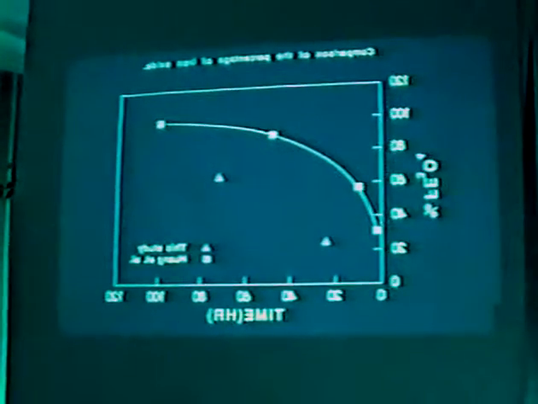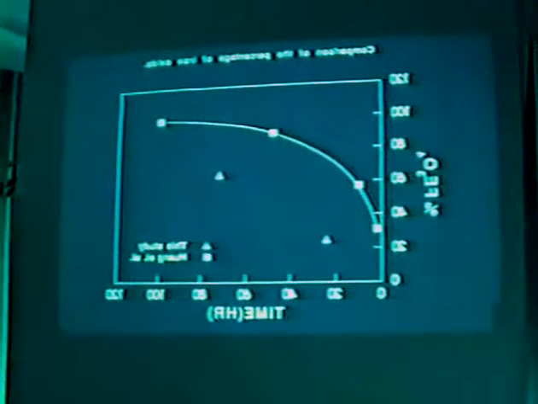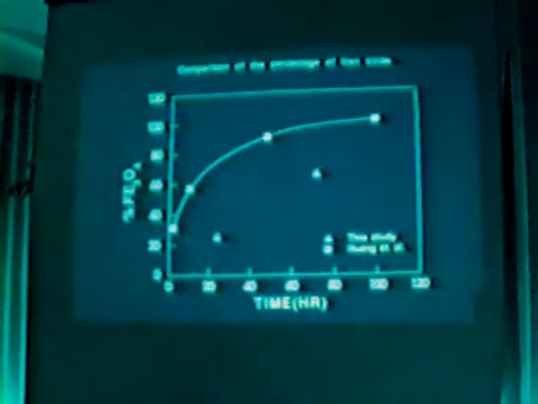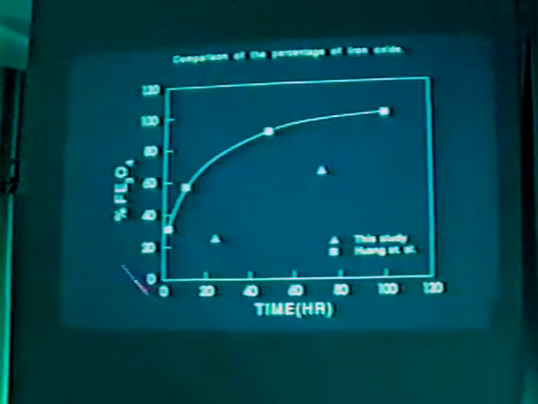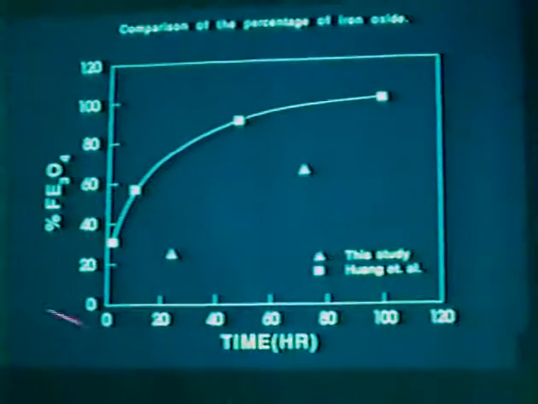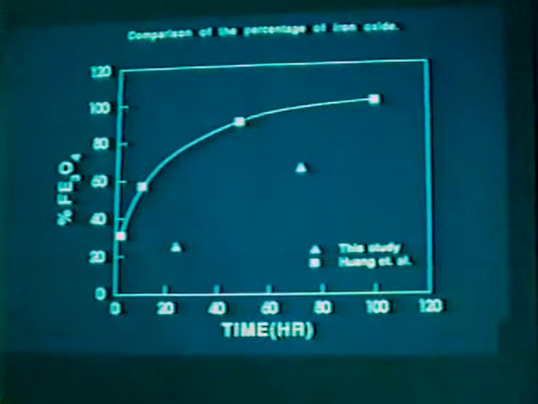So if we calculate this percentage of Fe3O4 and plot the percentage Fe3O4 that is formed in the catalyst with reaction time or synthesis time, our study showed that it goes from about 20% Fe3O4 in the stream to about 60% after 70, 72 hours in the stream.